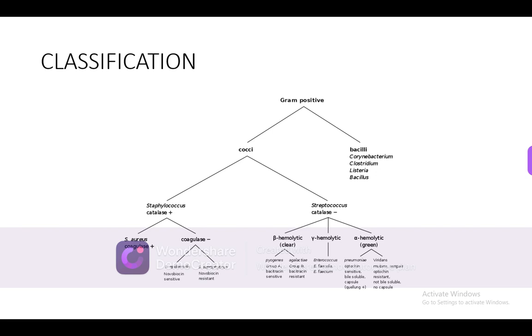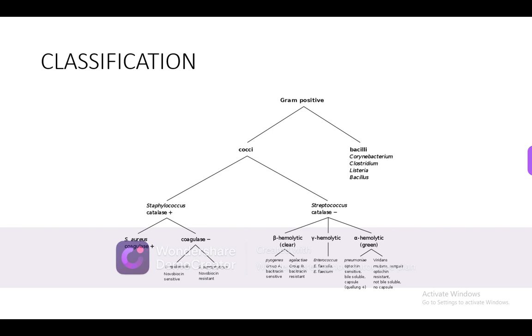And about the gamma hemolytic organisms, they are the enterococcus organisms. They also cause these types of lesions. They can cause pneumonia, they can cause endocarditis, Enterococcus faecalis. These are gram-positive organisms, although they are catalase negative.